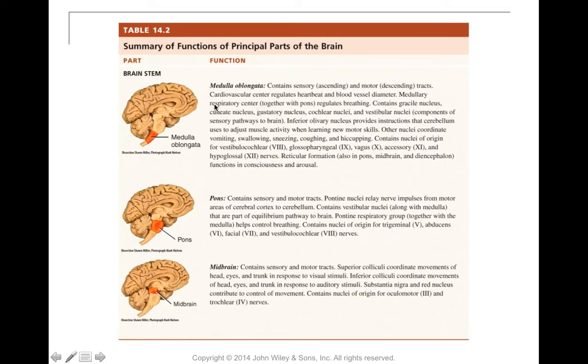Also responsible for the respiratory center, but that's in combination with the pons. The pons is mainly responsible for respiration, has the pontine respiratory group, etc., to help control your breathing. And then the midbrain, also sensory and motor tracts, and it's going to help coordinate vision, so your eyes, your head, trunk, etc., in response to visual stimuli. And it's also going to help contribute to control of your emotion as well.